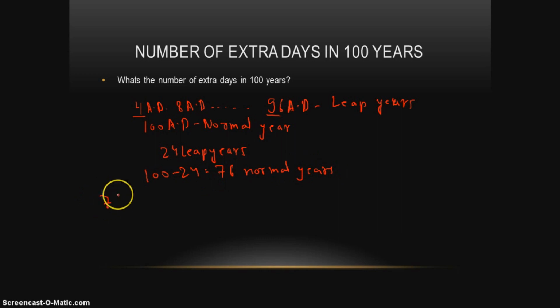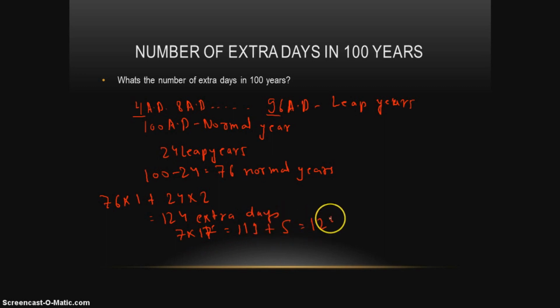Therefore extra days is 76 into 1 plus 24 into 2, which gives me 124 extra days. But then it's not actually 124 extra days, it is 7 into 17, which is 119, plus 5 gives us 124. So we have actually 5 extra days.